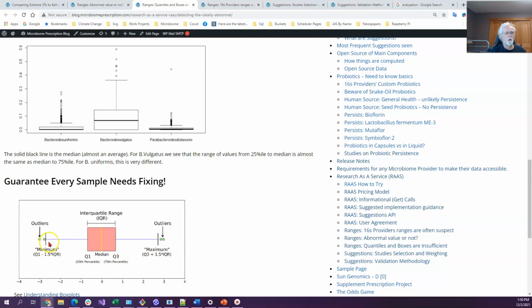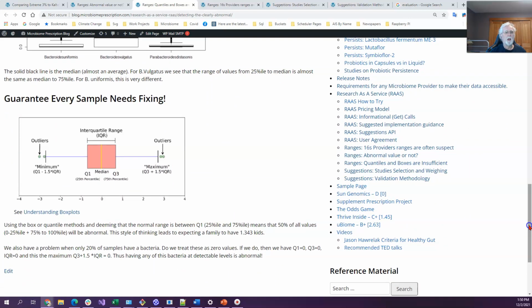If you look at the ways of identifying outliers with this method, and you can read more on the box plots here, it's a standard data science technique. Then you see who the outliers are. Okay, here we hit some interesting problems.